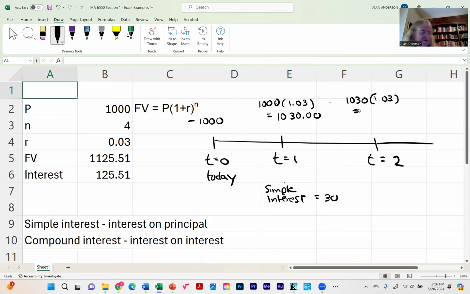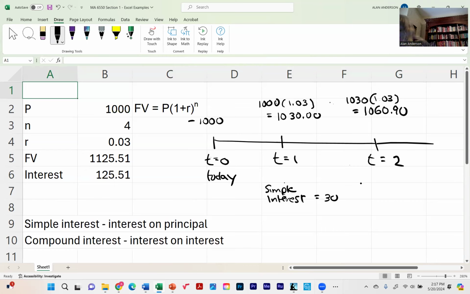Let me get out a calculator real fast. So the new balance is $1,060.90. So the total increase in our balance is $30.90.